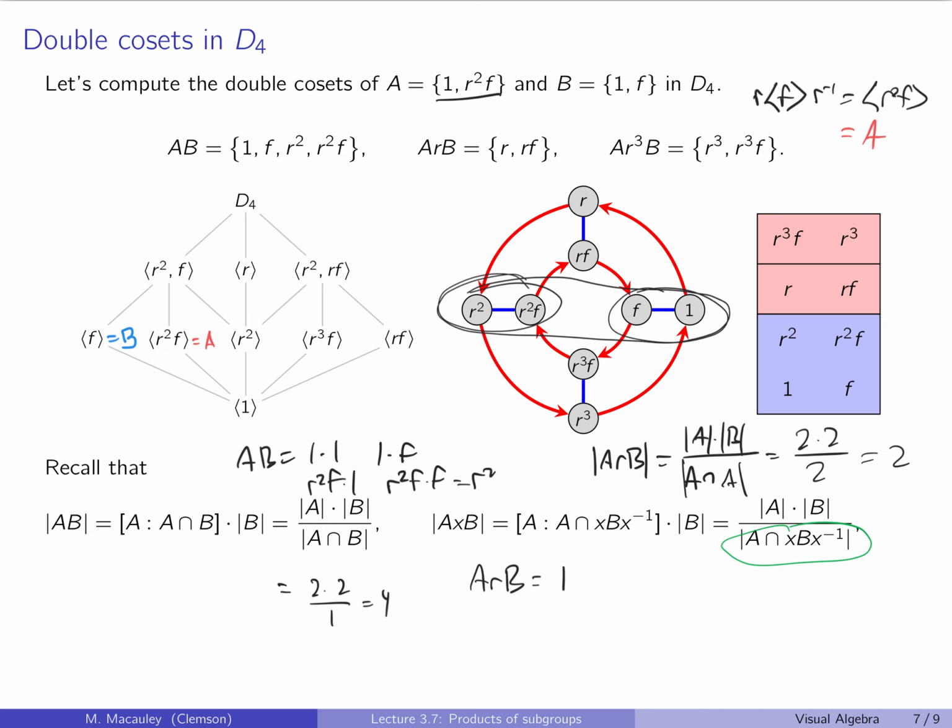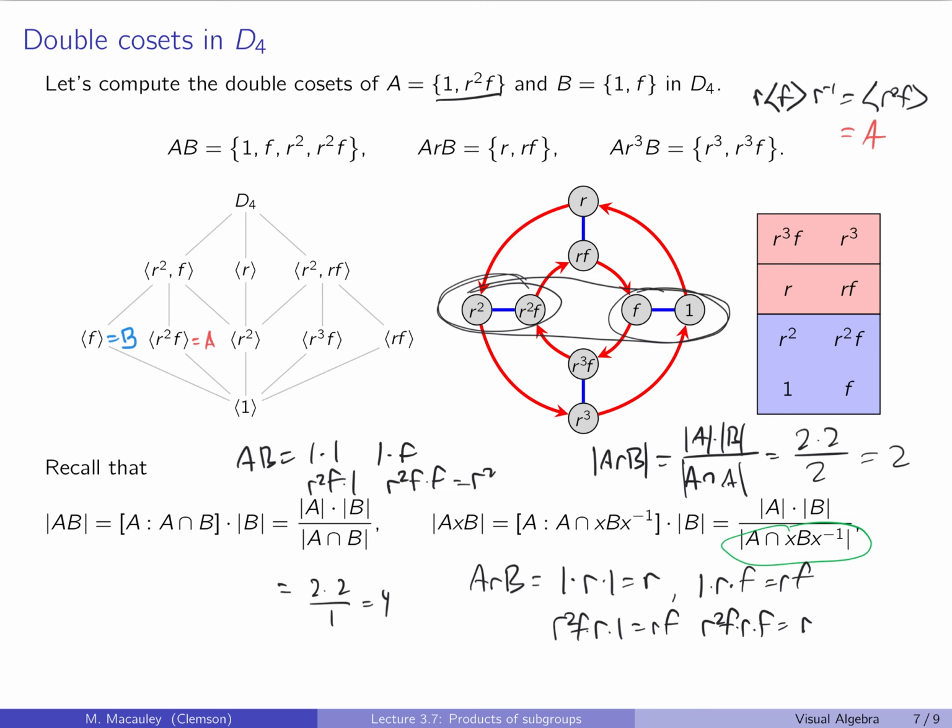So something in here times something in here with r in the middle. 1 times r times 1 equals r. 1 times r times f equals rf, and we can stop. I mean, we could write r squared f times r times 1, and r squared f times r times f, and we can check what this is. r squared f times r is rf, and the other one better be r.